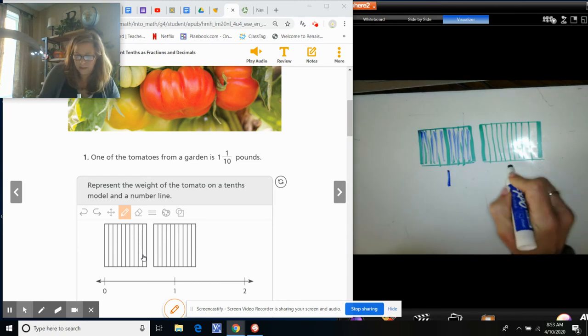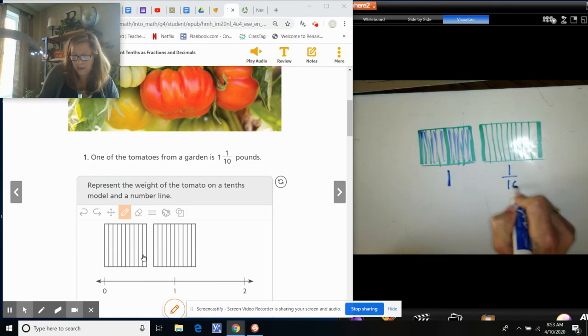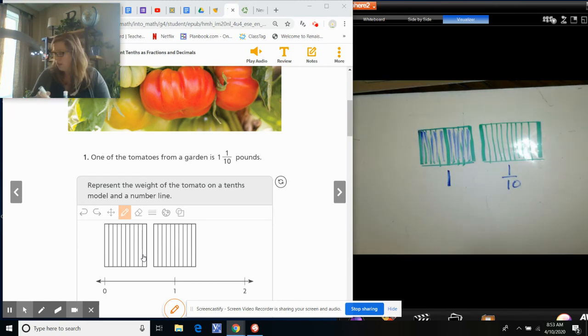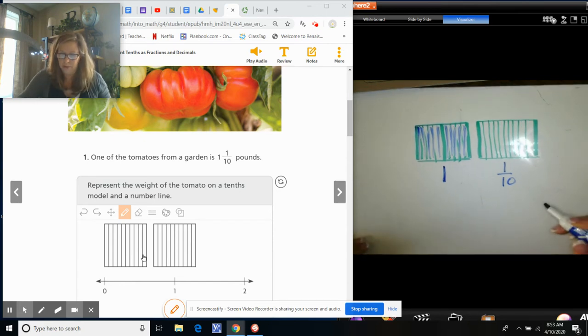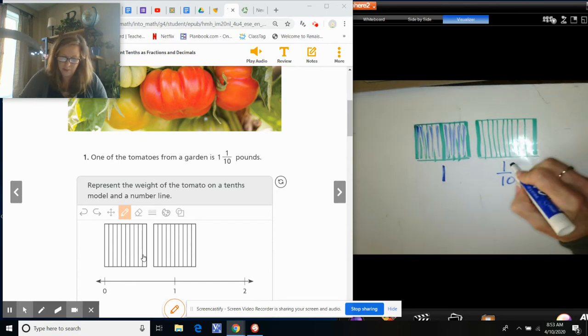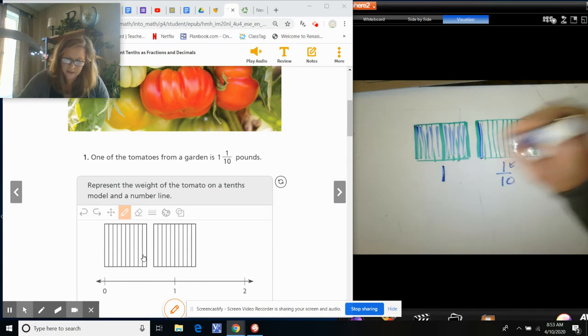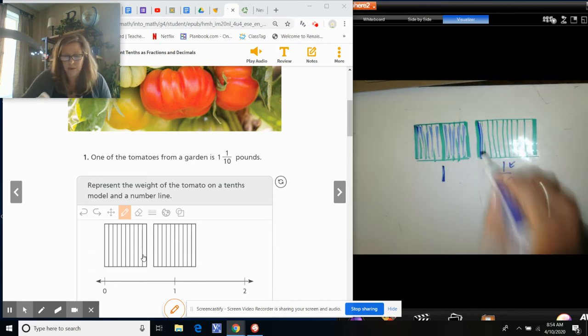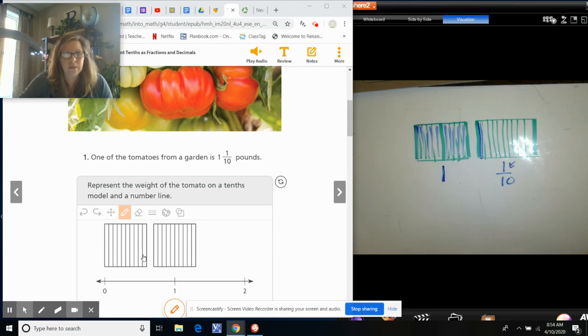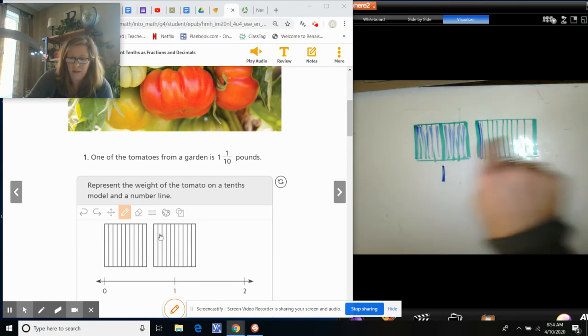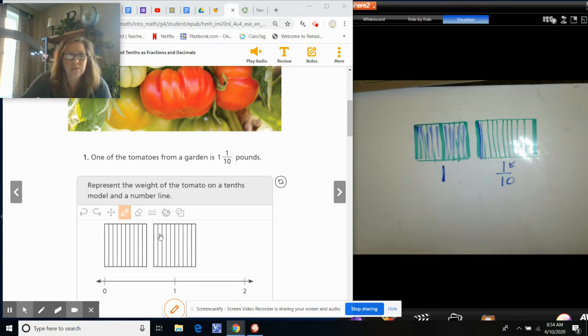We need to represent 1/10 on this side. And so if it's broken into 10 parts, and our numerator is telling us they want us to just color in 1, they're only talking about 1 of the 10 parts, we just need to color in 1 of those bars. Okay, so here we've represented 1 1/10 using the models, the visual models.